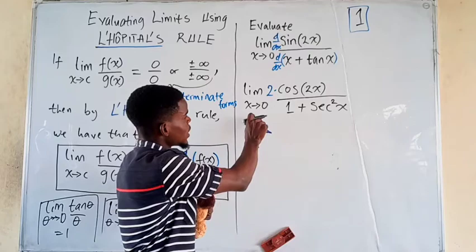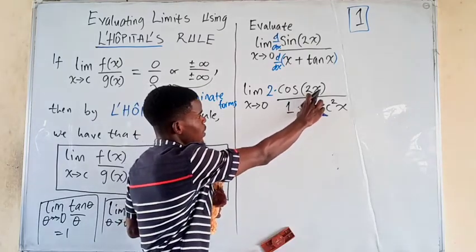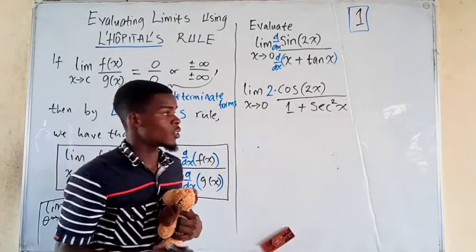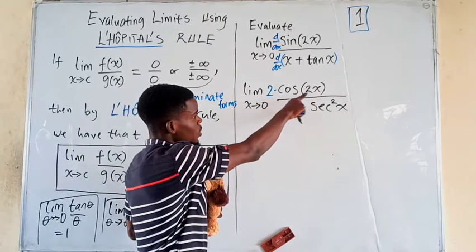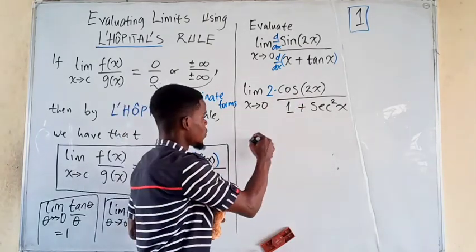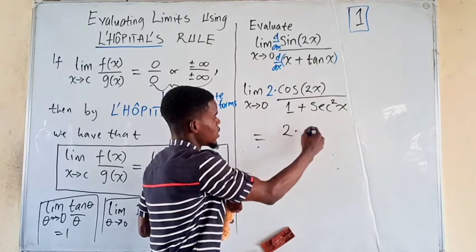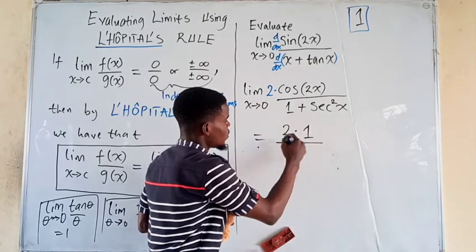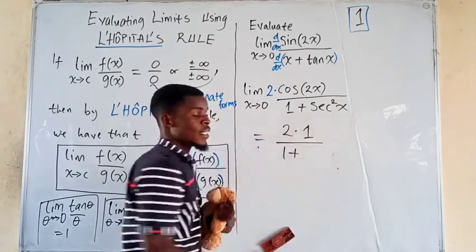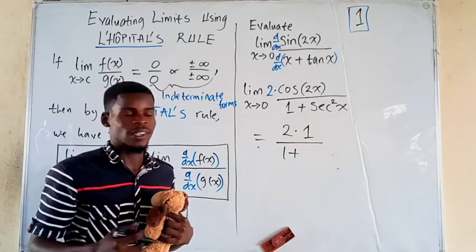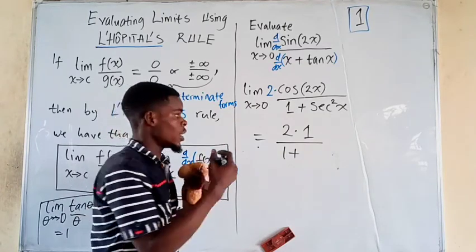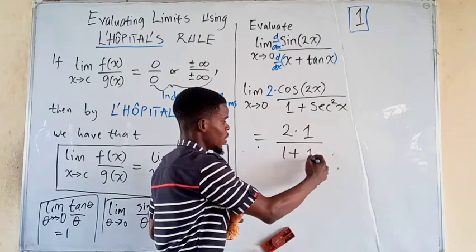So as x tends to 0, 2 times 0 is 0, by substitution. Then we have 2 times cosine of 0, which is 1, divided by 1 plus, again, secant 0 is 1. So secant squared of 0 will still be 1, because you are squaring 1.